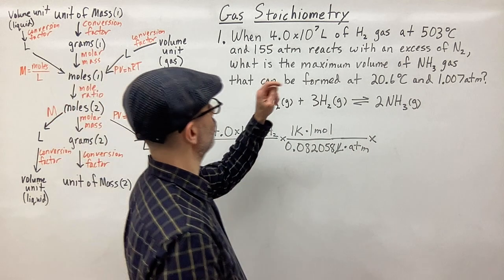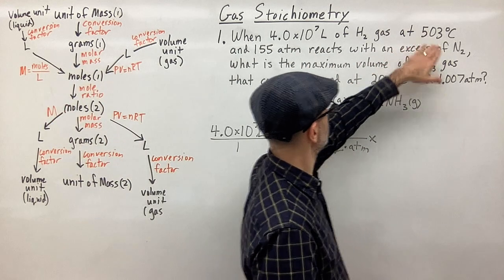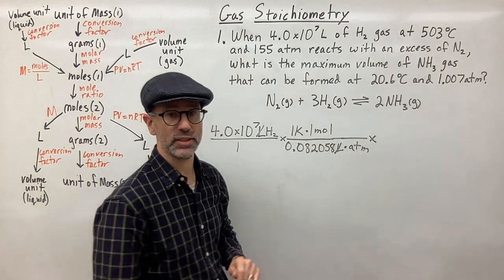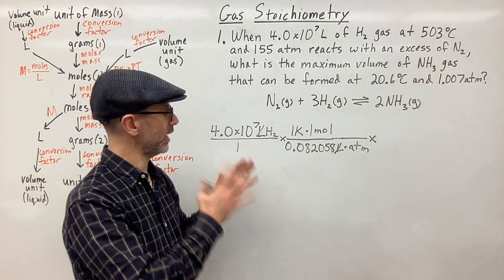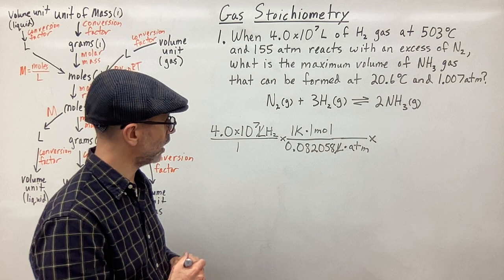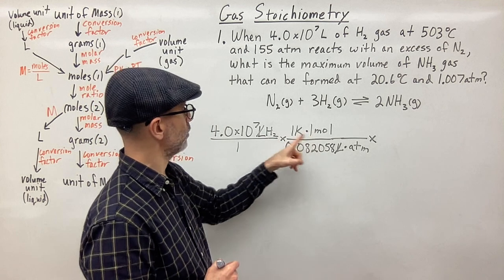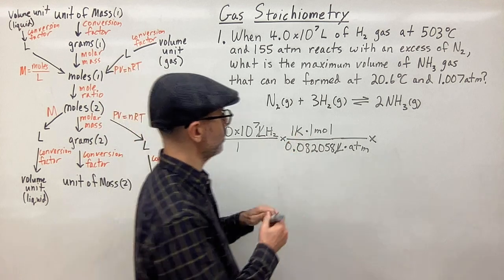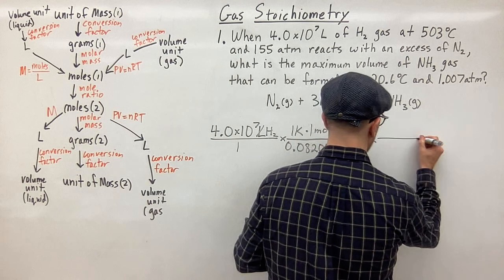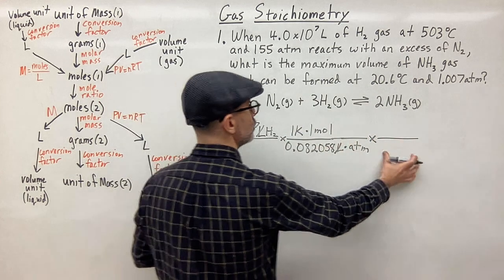So we're going to use the temperature and the pressure they give us to multiply and divide to get rid of the units. Since we have Kelvin on top, we're going to put the temperature on the bottom.